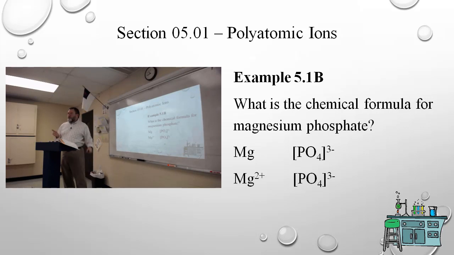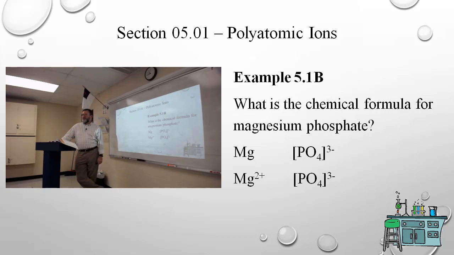Phosphate, we've already memorized from table 5.1, has a 3 negative charge. So, what is the formula for magnesium phosphate? Magnesium phosphate.